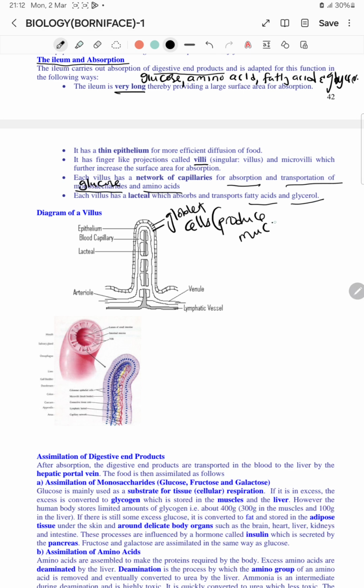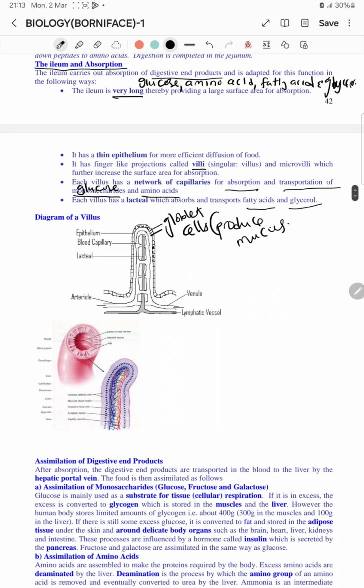So the outside one is the epithelium, and inside here they even put some dots. That is to mean that those are goblet cells, and these goblet cells produce mucus.